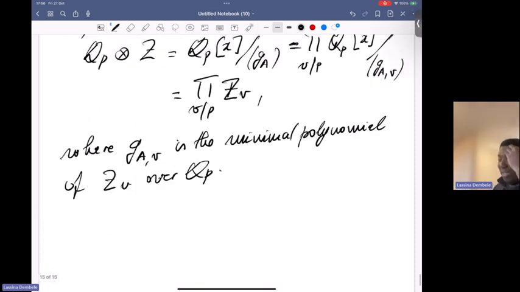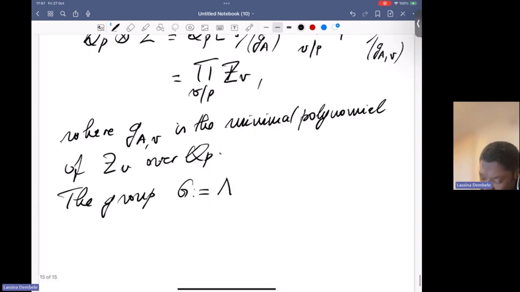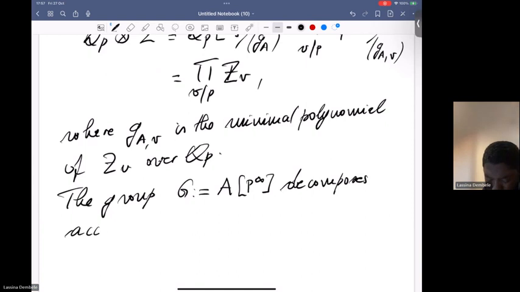So now we basically have a decomposition of ZV over all the places that divide P. And there's a similar decomposition. So the group G will also decompose the same way. Remember, G is this P's visual group. It will also decompose accordingly.